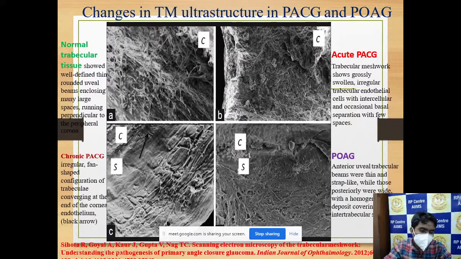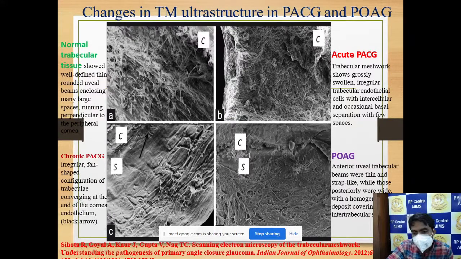Then coming to chronic PACG, because of the chronic inflammation settled there, there are irregular fan-shaped cells near the corneal endothelium, covering the end of the corneal endothelium, and these are flat endothelial cells which are already atrophied in chronic PACG.